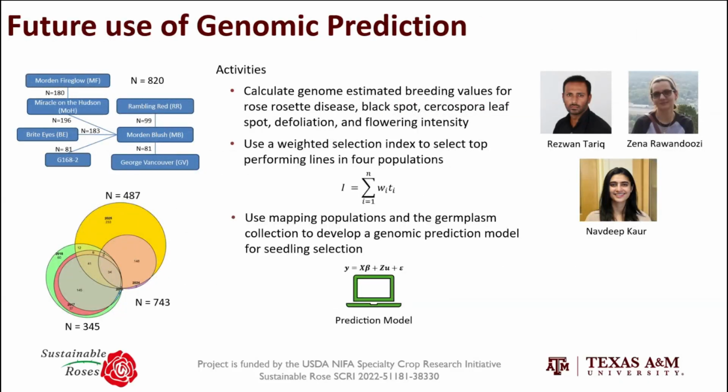So now that we have this project, the idea is to take 820 individuals from these 6 biparentals that we have, the 743 accumulated, curated over time, and put them together to produce a panel of close to 1,600 individuals or more to develop a more robust genomic prediction model to, again, select lines through an index that are the best out there, or to develop a prediction model to be able to do sibling selections down the line, or for other applications.